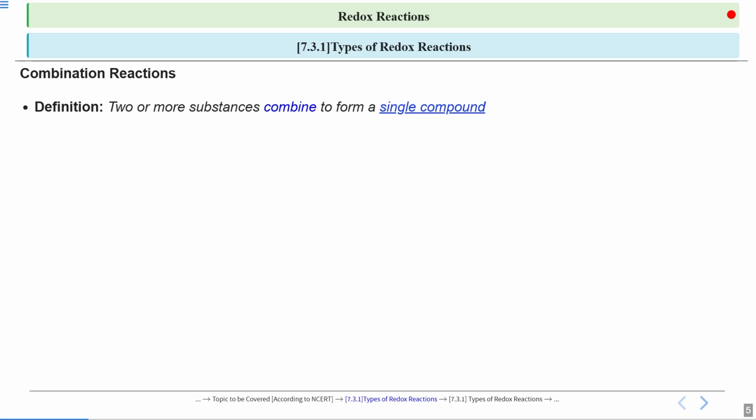In general, in all chemical reactions the reactants combine and form a final product. But in a combination reaction, it is important to note that two or more substances combine to form a single compound. That means the final product will be a single compound.